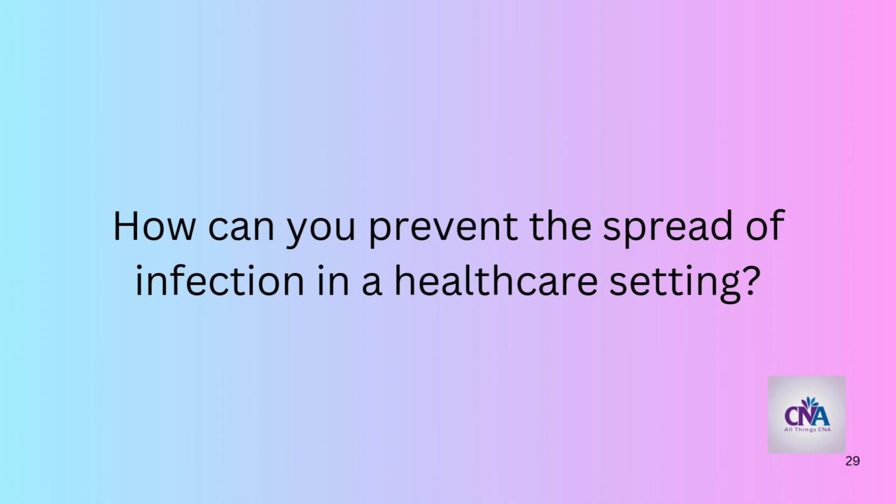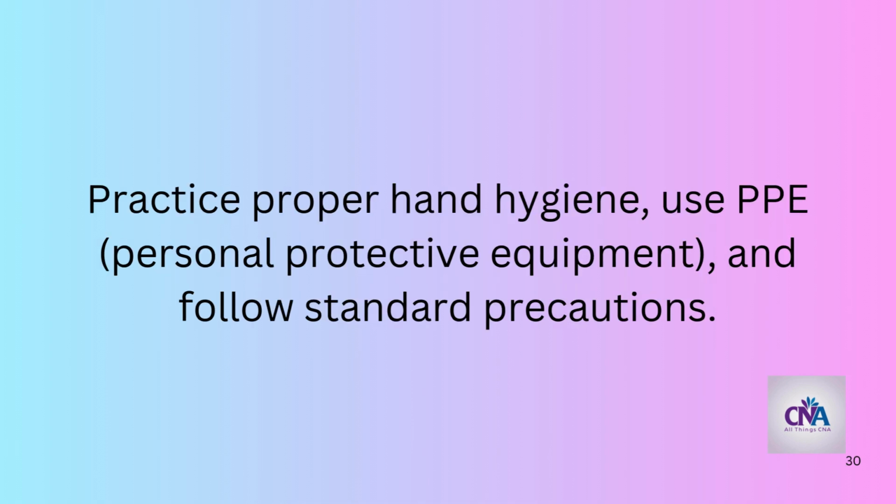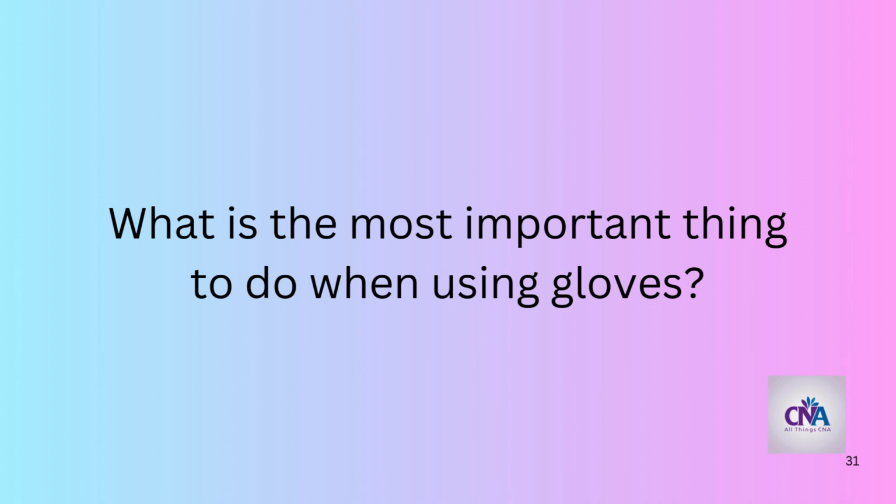Question: How can you prevent the spread of infection in a healthcare setting? Answer: Practice proper hand hygiene, use PPE, personal protective equipment, and follow standard precautions. Question: What is the most important thing to do when using gloves?